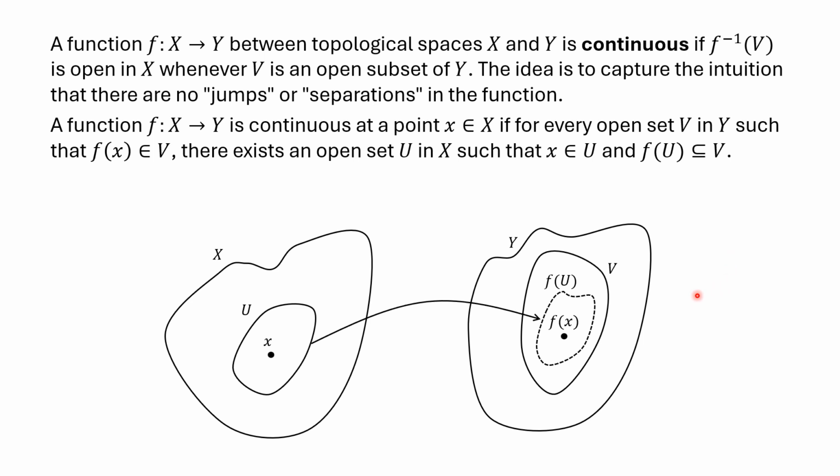We don't have distances in topological spaces, so we have to use open sets for defining continuity. The idea is that you can squeeze a neighborhood around x so that the image is as tight around f of x as you need, based on any open set in your topological space Y.